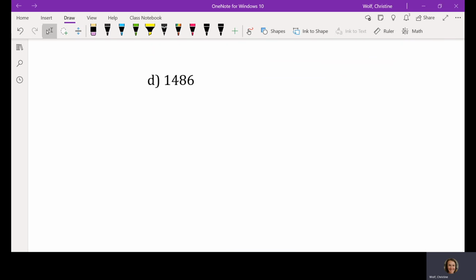So I'm just going to do this one quickly as well. So you know you can for sure divide it by 2.